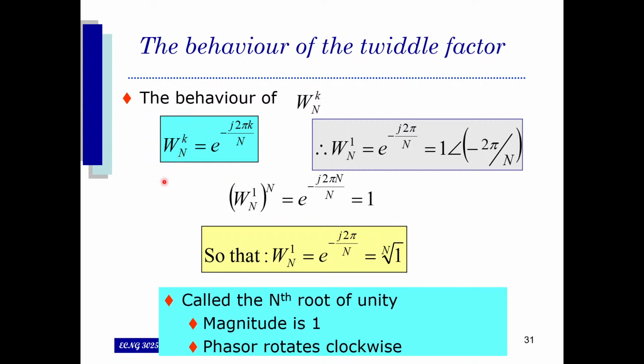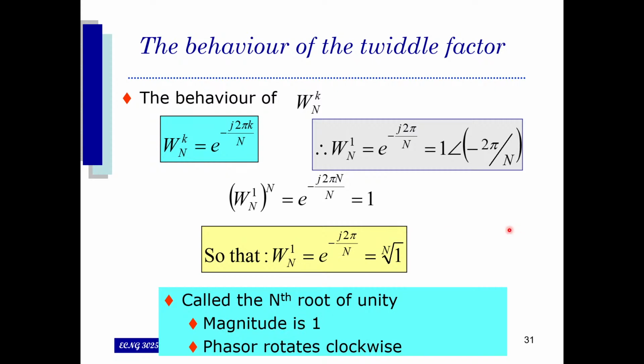If we observe the behavior of this 12 factor here, for any one of these values that we get calculated, we basically see that the magnitude of the 12 factor, when we actually perform some mathematical notations and so forth, will always be a magnitude of 1, which is referred to as the nth root of unity. And this phasor, because of the direction given by this negative exponent, rotates clockwise instead of anti-clockwise.